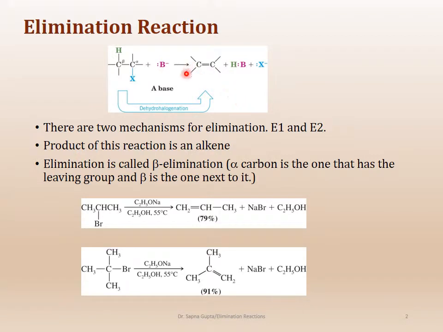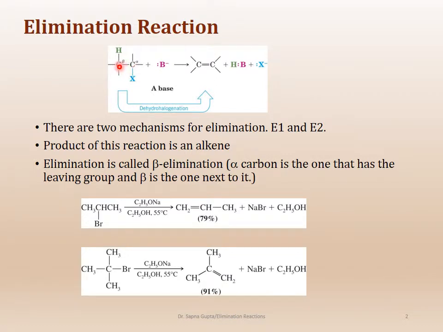The product is usually an alkene, as I said. The other thing that is important here is that elimination reactions are called beta eliminations because the carbon that has the leaving group is called the alpha carbon, and the carbon that has the hydrogen is called the beta carbon. They are alpha and beta not because of the leaving group, but because they are next to each other, okay?